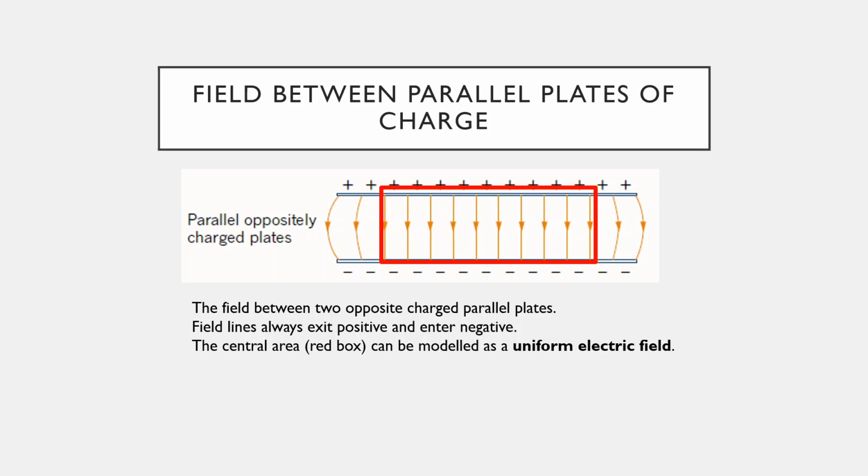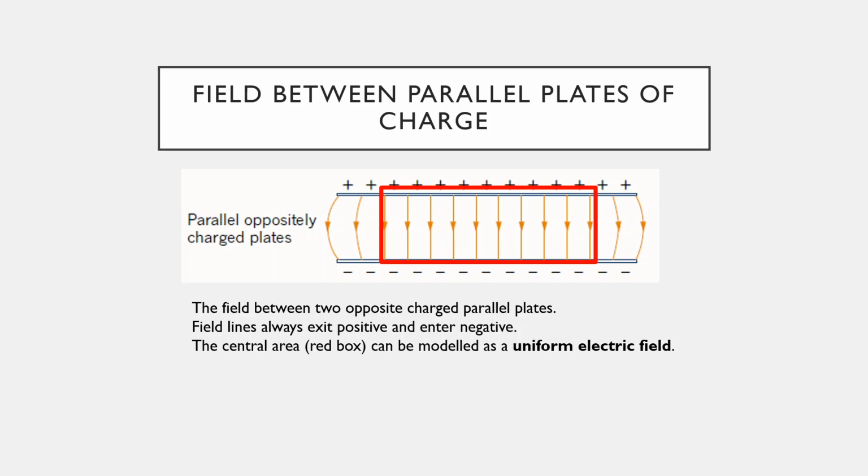You can consider the positive plate as being composed of a line of positive charges, each one of them exerting its field outwards. And you can consider the negative plate as being composed of a line of negative charges, and it would pull the field down towards it, I guess you could say.